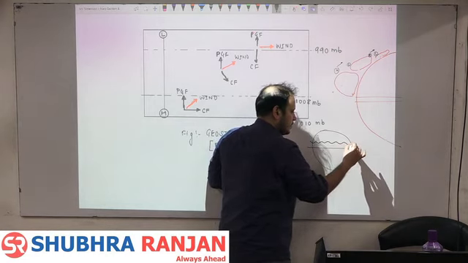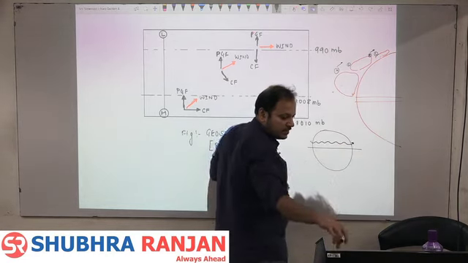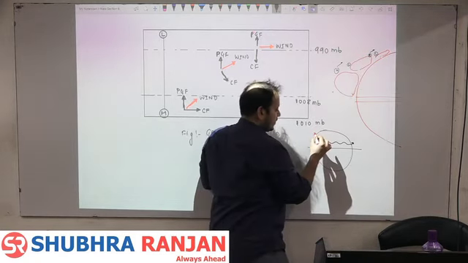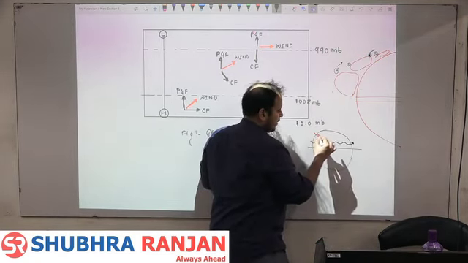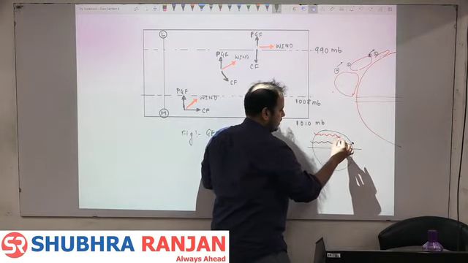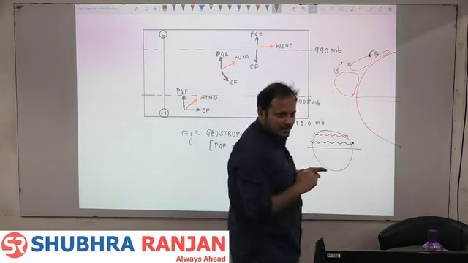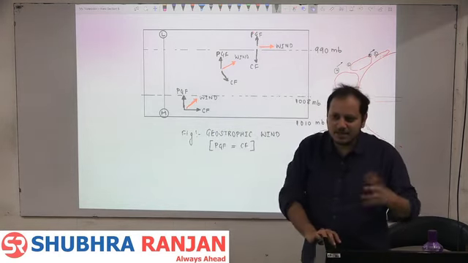And this is what is known as subtropical westerly jet stream. This air starts moving, and it gets deflected to the right, and this is what is known as polar jet stream. Understanding? This is why the jet streams are generated.